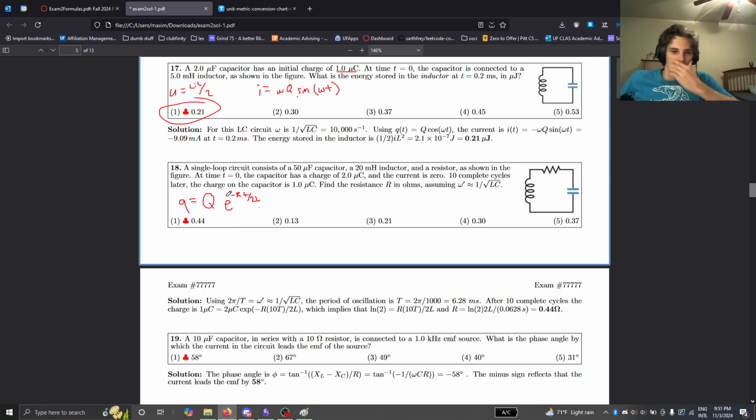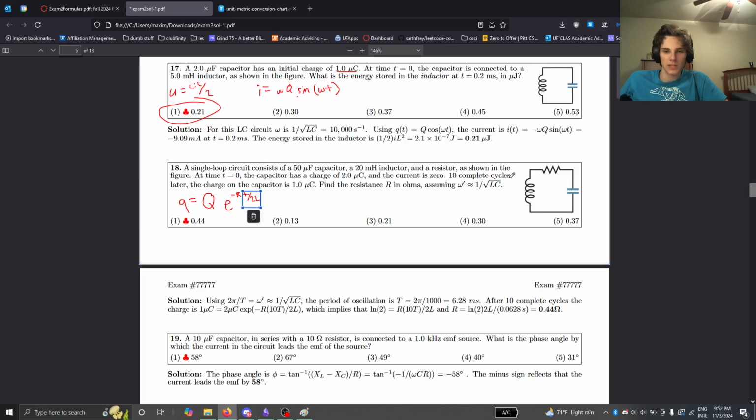So, to find R, we have this Q, we have a certain T. Well, do we have a certain T? No, we don't. What we have is that 10 complete cycles later, the charge is this value.